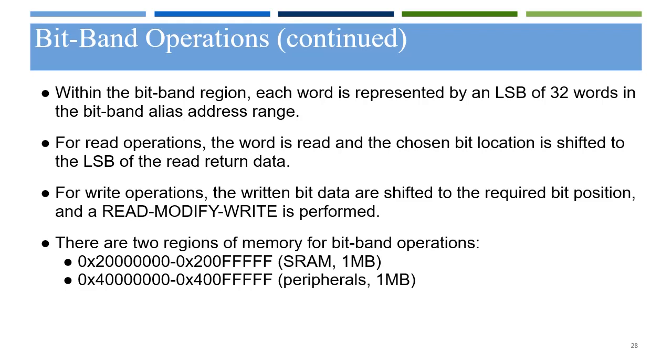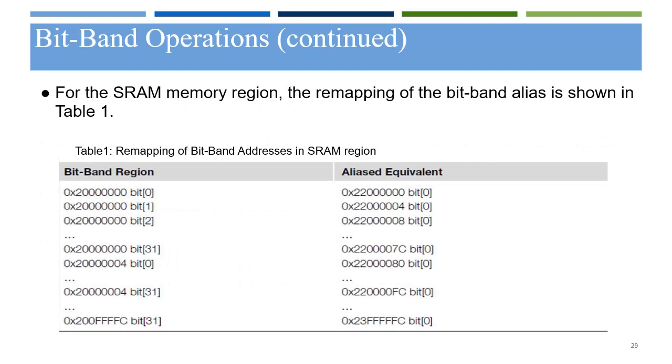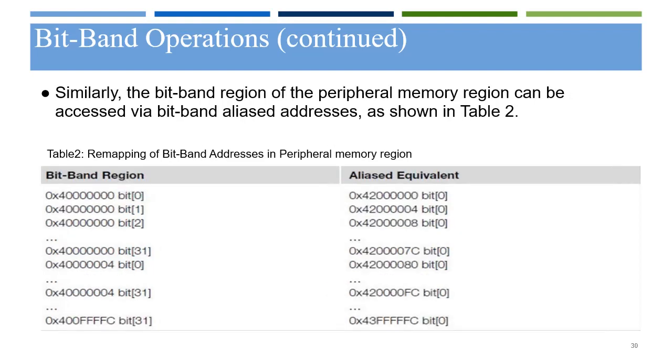There are two regions of memory for bitband operations as mentioned before, SRAM and peripherals, both of 1 megabyte. For the SRAM memory region, the remapping of the bitband alias is shown in the table below. Similarly, the bitband region of the peripheral memory region can be accessed via the bitband alias address, which is also shown in the table below.